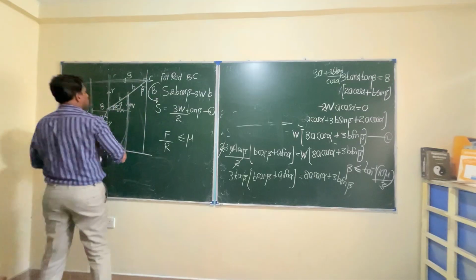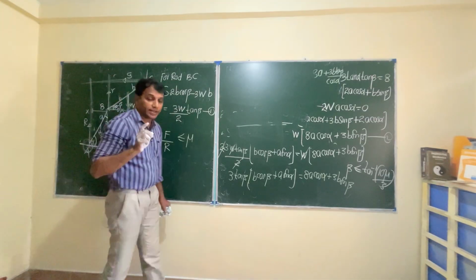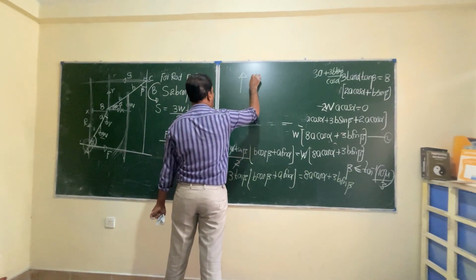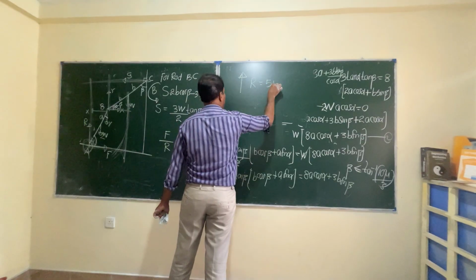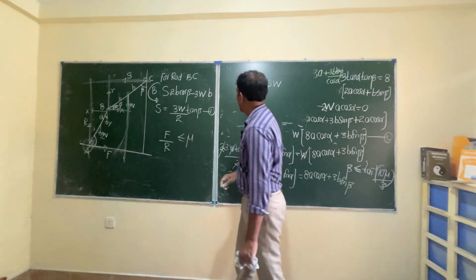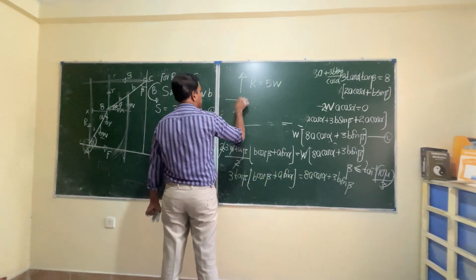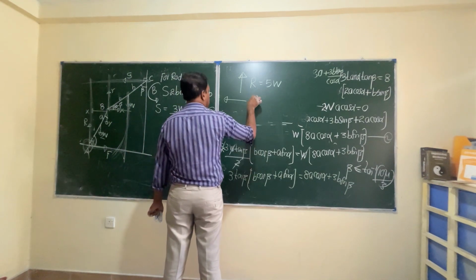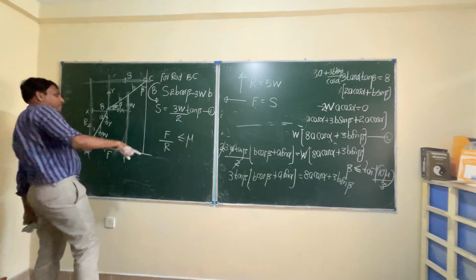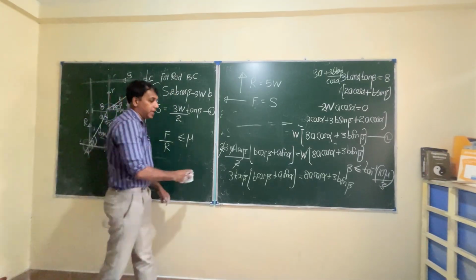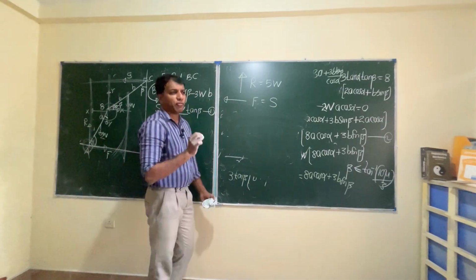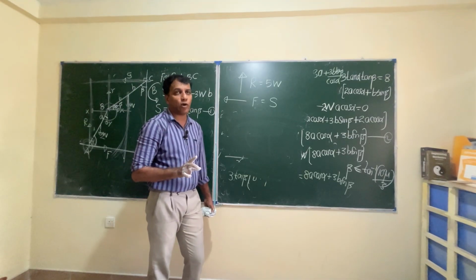For the whole system, resolving vertically upward, R equals 5W. For the system, resolving horizontally, F equals S. Therefore, dividing, for equilibrium F over R is less than or equal to mu.